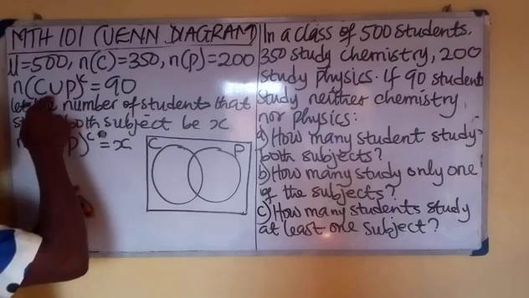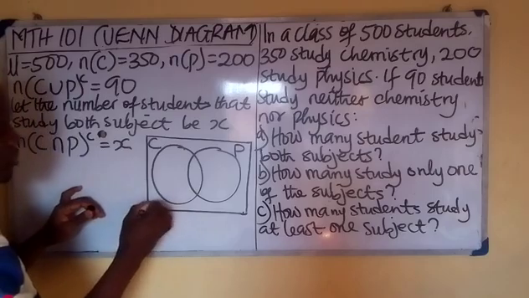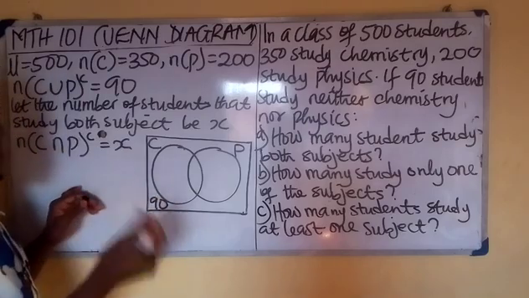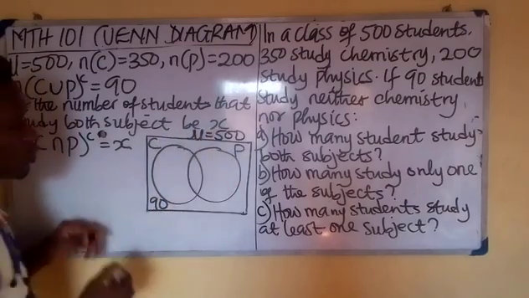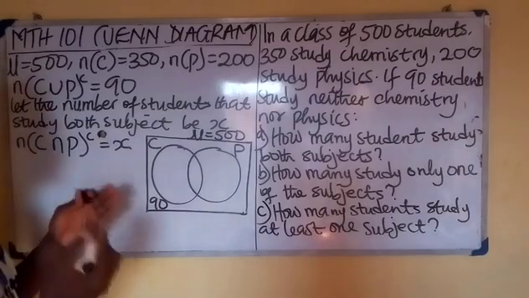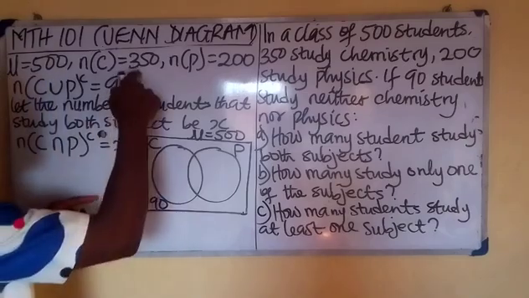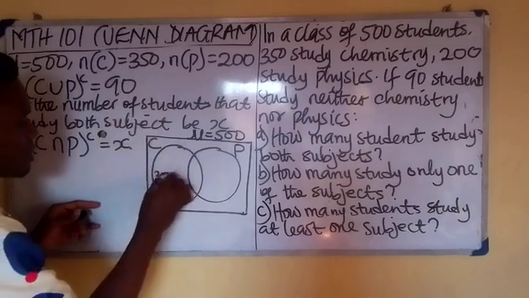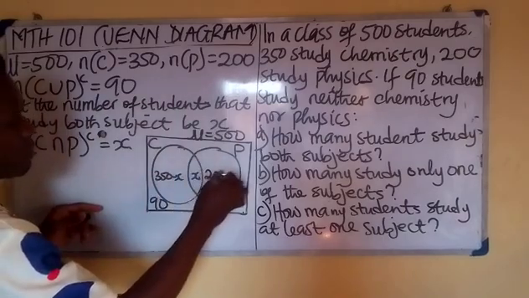The complement of the union of chemistry and physics is 90. I'll just write it somewhere here. The universal set, which is 500, I'll write it here. Let the number of students that studied both subjects be X. It therefore means that I'll say 350 minus x, then x, then 200 minus x.